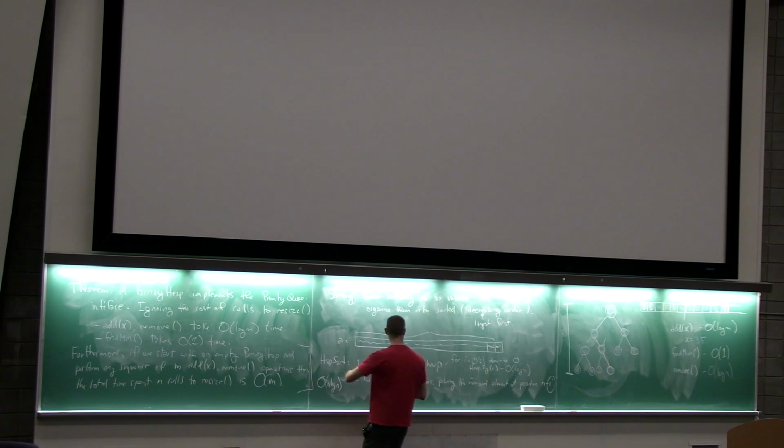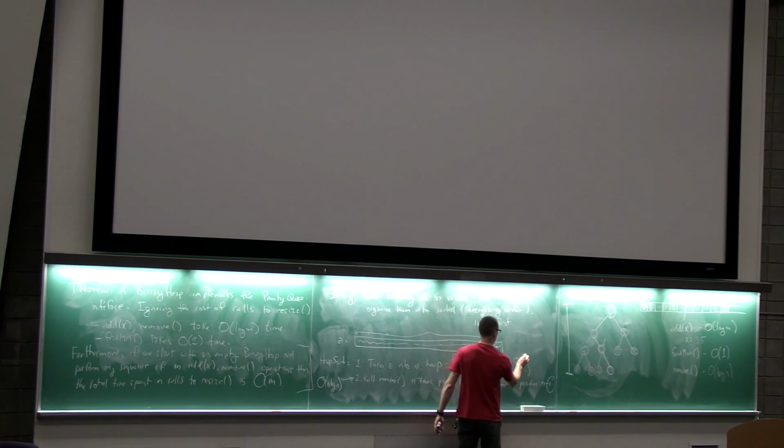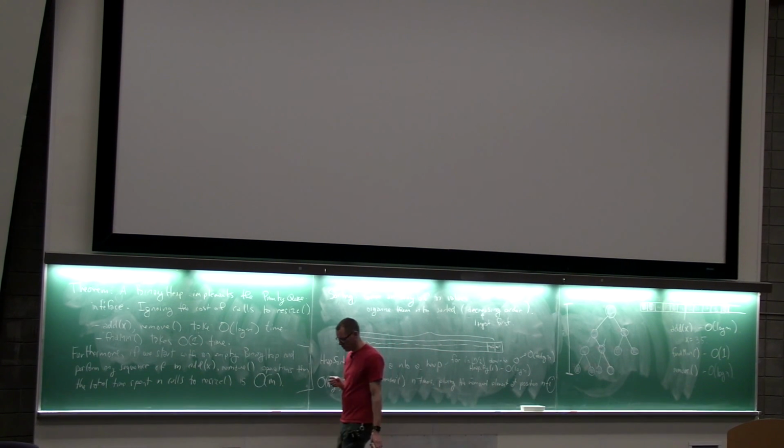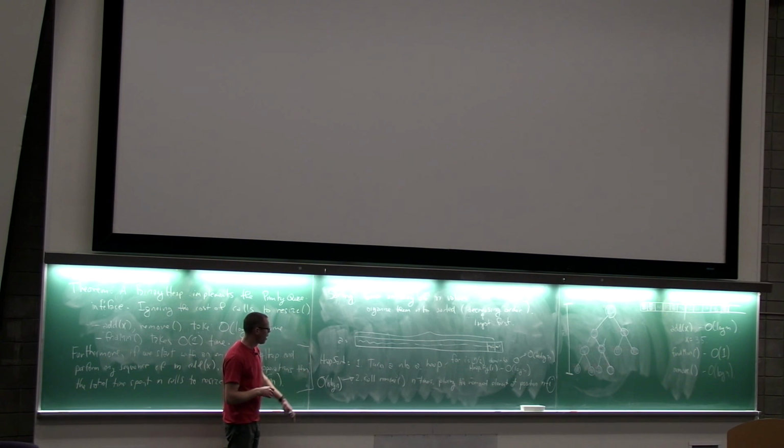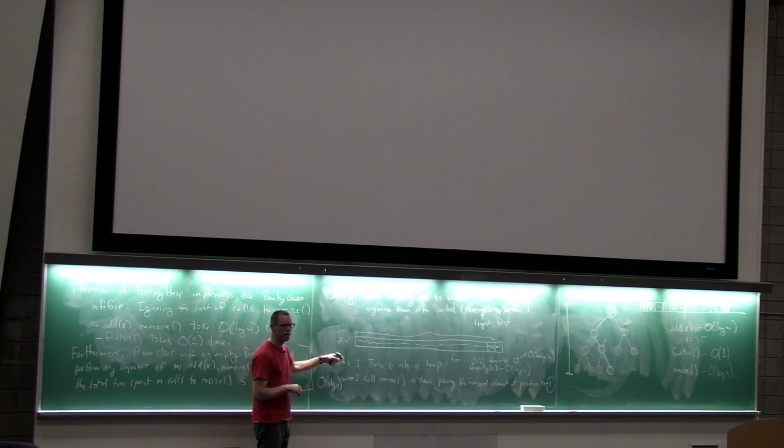So this whole thing takes O of n log n time because we do it n over 2 times. So both steps, turning it into a heap and removing the elements, can be done in O of n log n time. So the total running time of Heapsort is O of n log n.